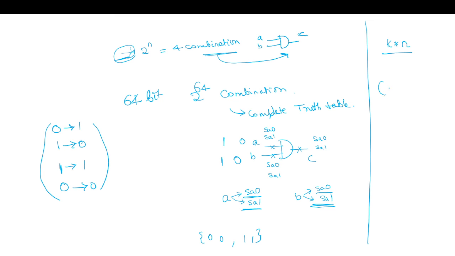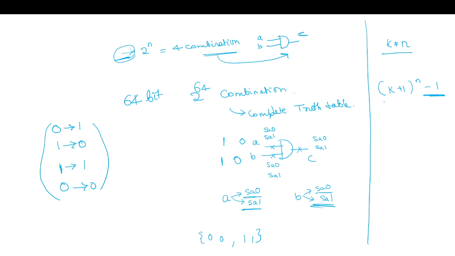So there we have the formula of k plus 1 raised to the power n minus 1. The 1 is for the fault free circuit, where one combination includes the circuit with no fault, so we remove that with minus 1.